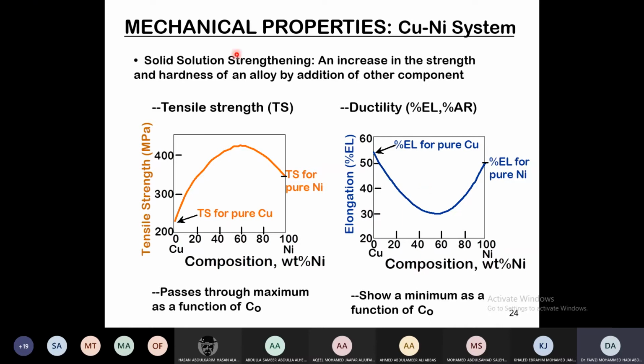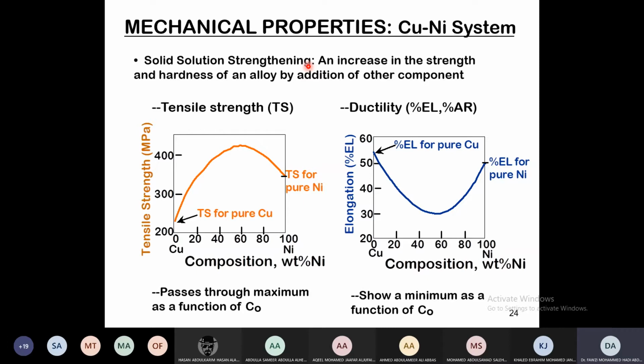In the copper-nickel system, the solid solution itself, when we make a solid solution, causes strengthening in the material. It's called solid solution strengthening. There are different strategies that we could use in order to cause the strengthening of the material. In this case, it's an increase in the strength and hardness of an alloy by the addition of another component, another atom, basically other alloying elements.